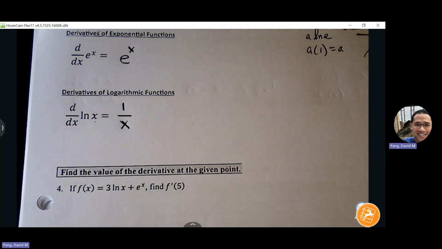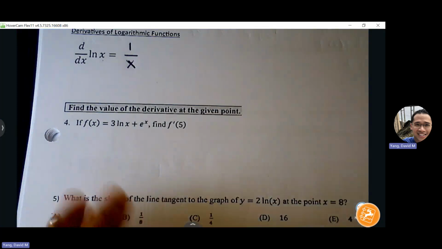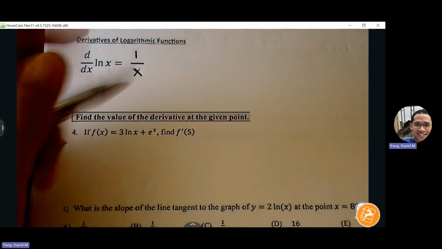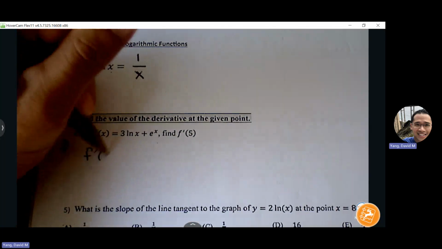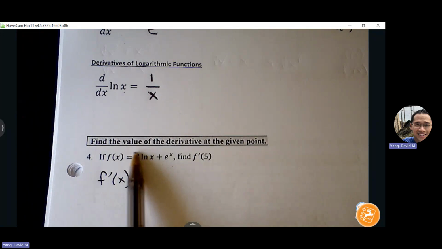Okay, so number 4, find the value of the derivative at the given point. We're going to find each term's derivative. And once we find each term's derivative, we can insert 5 into its derivative function. So let's find f prime of x. 3 is a coefficient. It's just going to hang on in front. What's natural log of x's derivative? 1 over x.